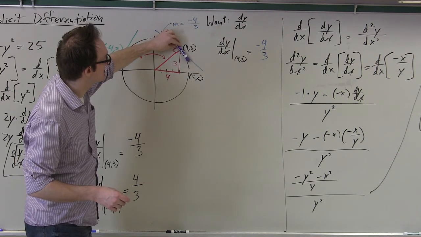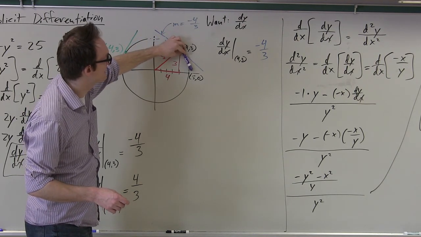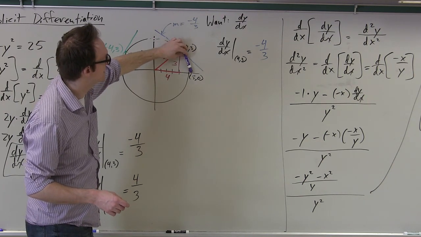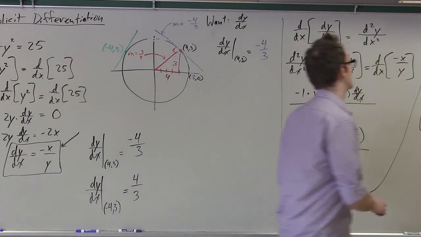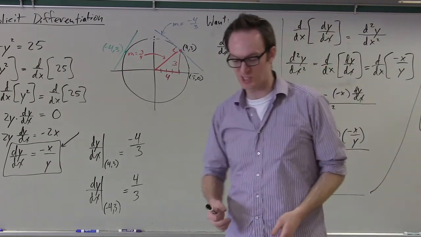So not only is the slope of the tangent line here negative, but it is changing really fast. Here it might be negative 10. By the time you get here, it's like negative infinity. So if you're really willing to stretch your brain, this does kind of mean something. It's the rate at which the slope of the tangent line changes.